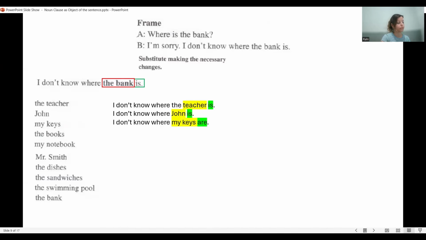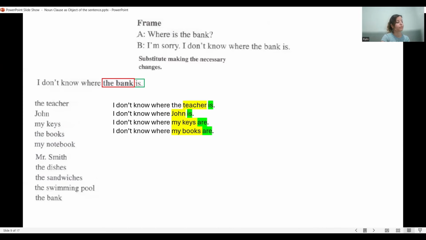The books. The answer is, I don't know where my books are. My notebook. Pay attention whether the noun is singular or plural because it affects the verb that follows, so you need subject-verb agreement.